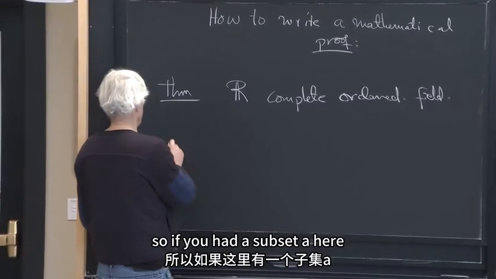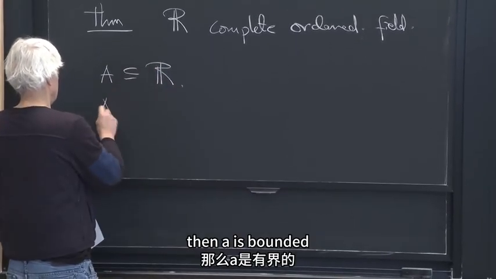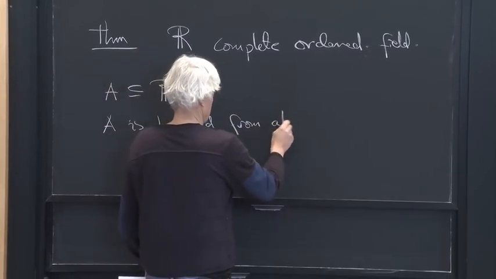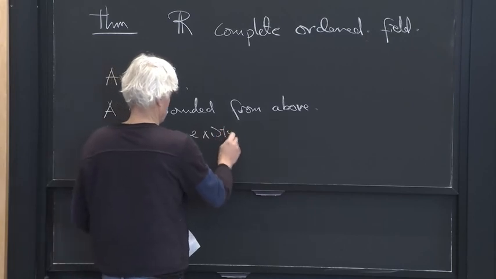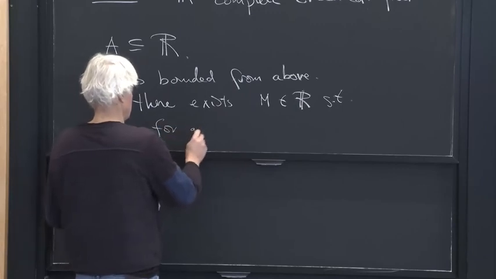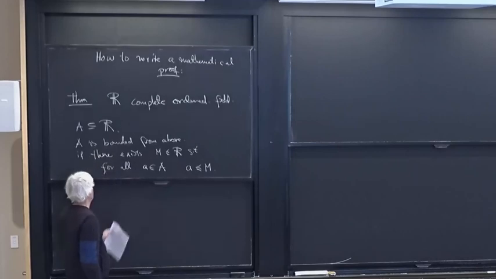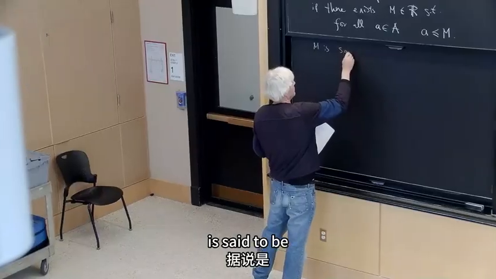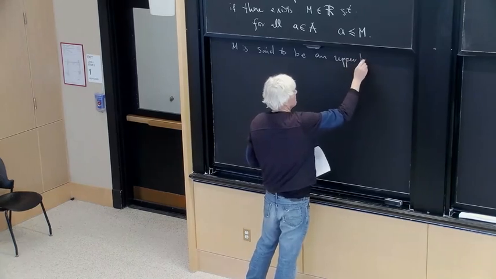And complete meant, if you had a subset A of R, then A is bounded from above if there exists M in R such that for all a in A, a is less than or equal to M. And if that's the case, then M is said to be an upper bound for A.